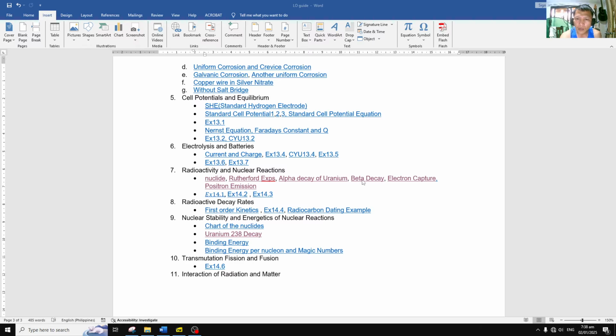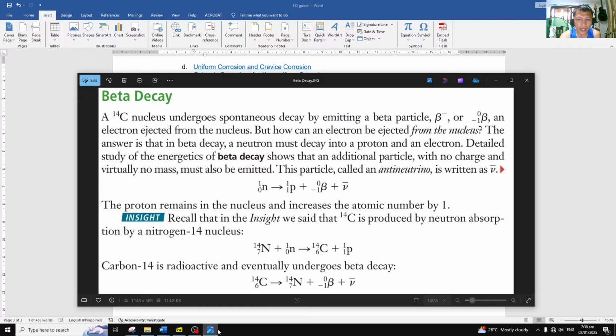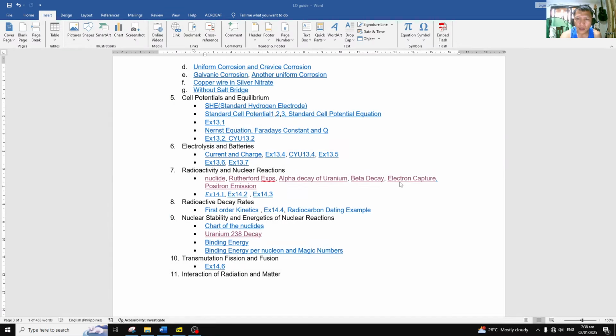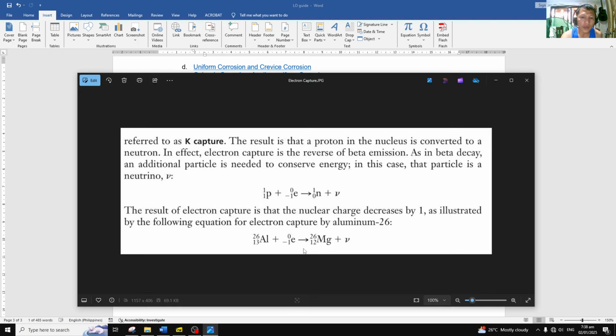So what is the difference between beta decay and electron capture? Your beta decay is 0, -1. Your electron capture is 0, -1. So actually, your beta is the same as electron. The only difference is that in electron capture, it is placed on the reactant side.